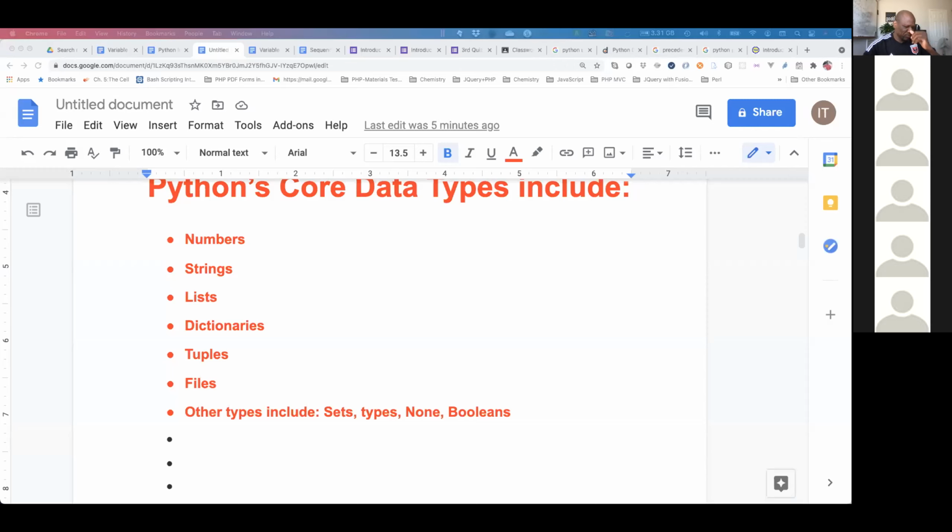Now, in Python and in most programming languages, we tend to talk about data structures. That's a big wing in computer science: data structures and algorithms, but this is going to be just data structures.